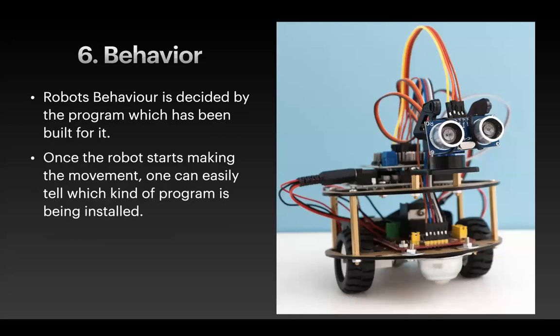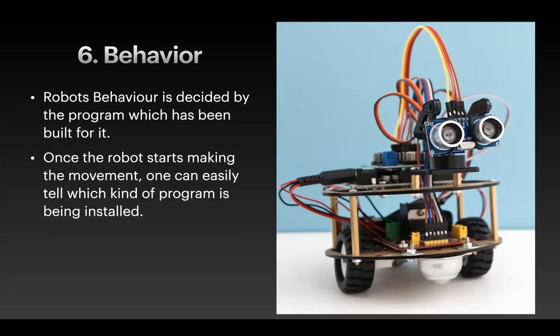And then the behavior. Like I said, the sixth and last characteristic is the behavior. By looking at the robot's movement, we can identify the behavior. A robot's behavior is decided by the program which has been built for it, whether it's a line following robot, a distance following robot, or a heat following robot. That is the behavior of the robot.